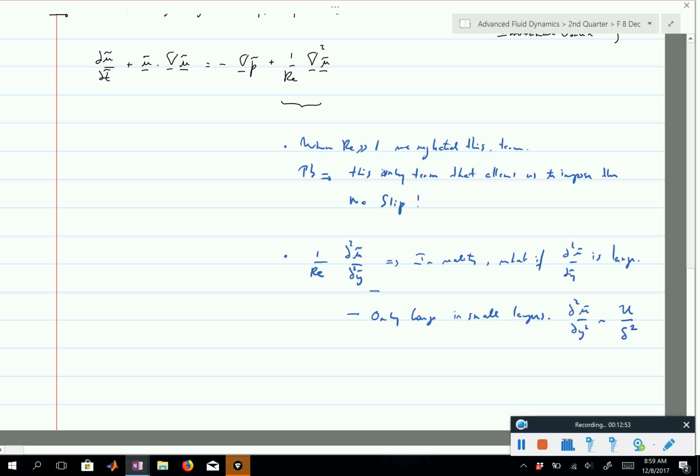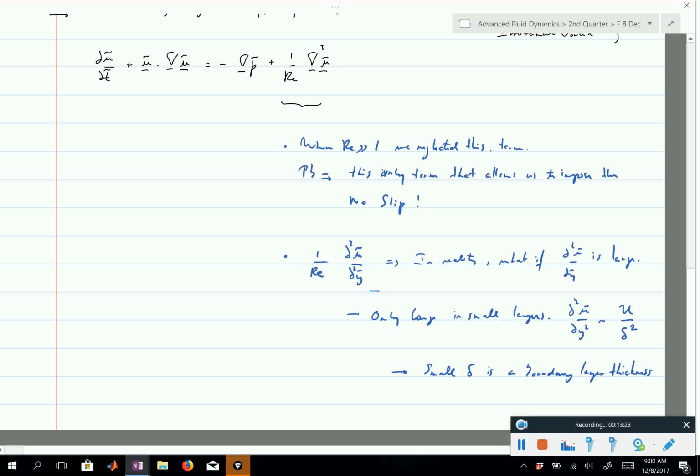And that sort of characteristic length scale here is the boundary layer thickness. So this delta here is only small in small layers. So the small delta is the boundary layer thickness.